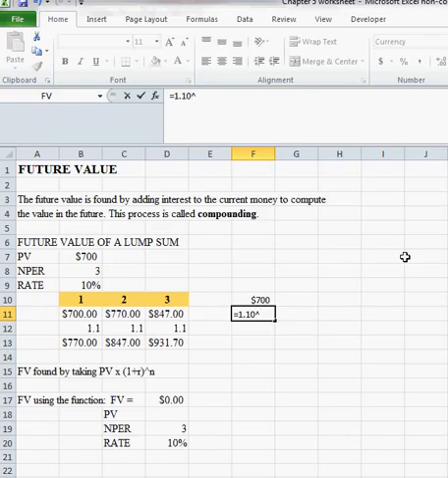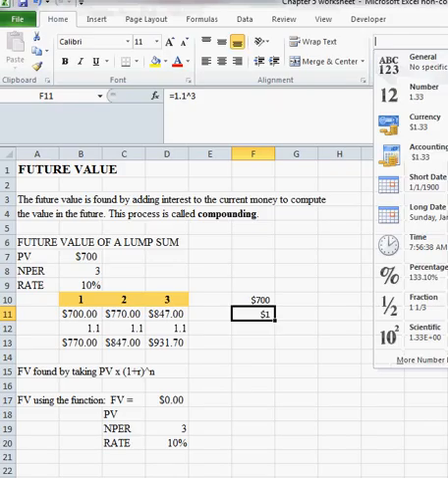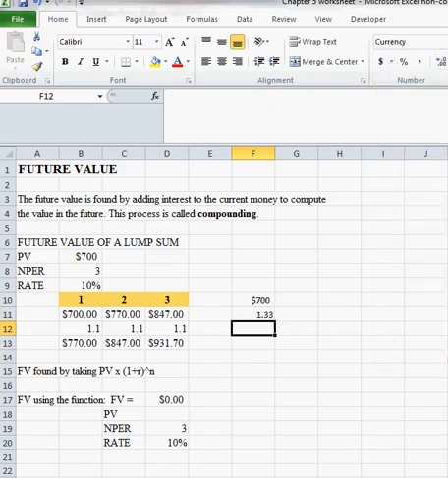So in this case we were working with 3 years. So we end up with, I'll make this a number so you can see the number, 1.33. So I multiply the 1.33 times $700 and I get the same $931.70.